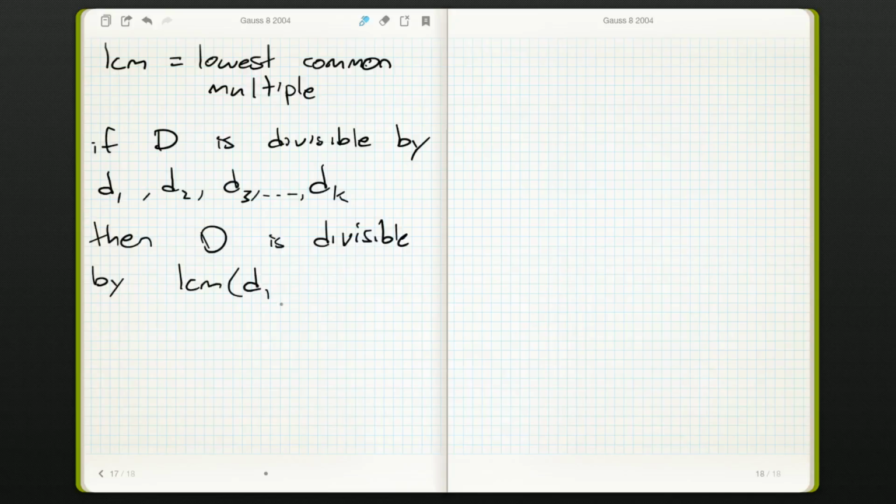In fact, sometimes D is the lowest common multiple, but not always. So, if we have a two-digit number and it's divisible by 8, 12, and 18, then it's divisible by the lowest common multiple.